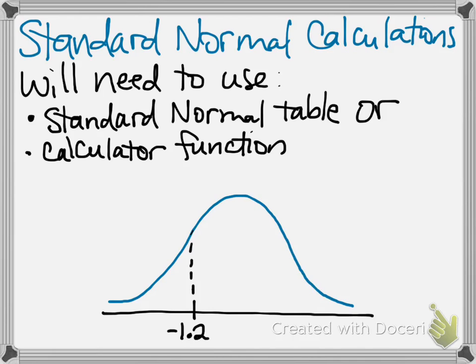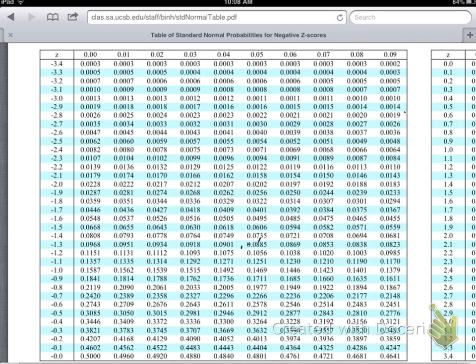If you have your textbook with you, if you open up the front cover, there's the standard normal table right on the inside of the front cover of your book. So what you should see there is a table that should look a little bit like this. Notice that on the leftmost column at the very top, it should say Z. There we go, Z. And below that, what you have are various z-scores that are shown to 1 decimal place.